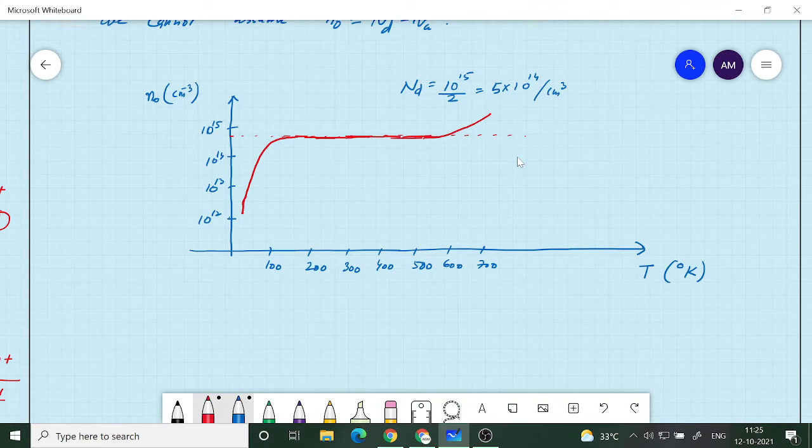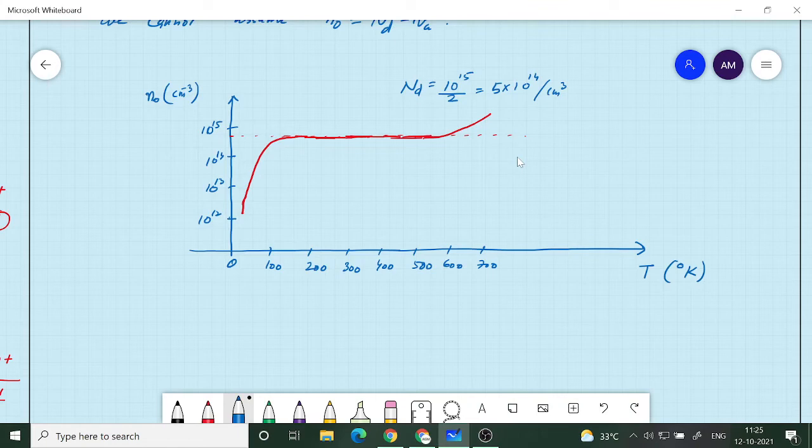We know that absolutely no electrons are going to be there in the conduction band. All electrons are going to be in the donor level, so the Fermi level is going to lie between ED and EC at very low temperature, 0 degrees Kelvin.